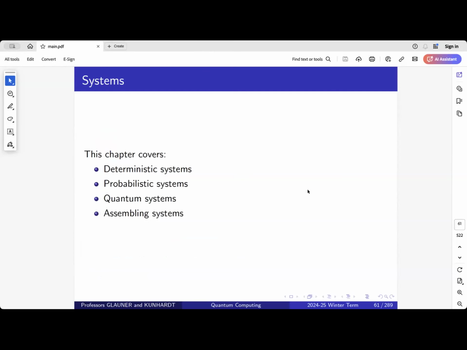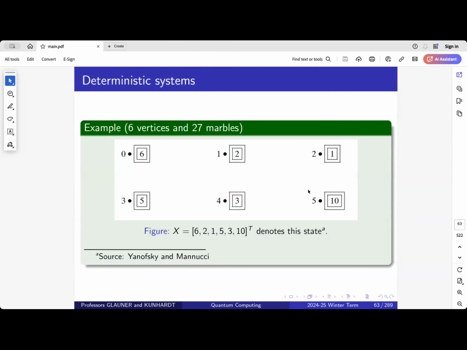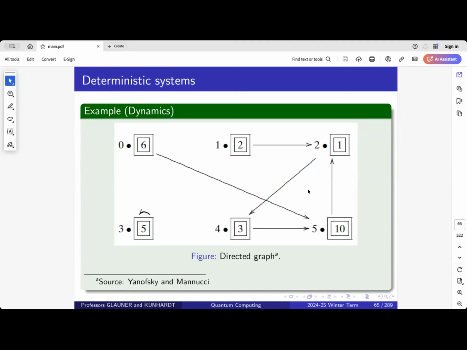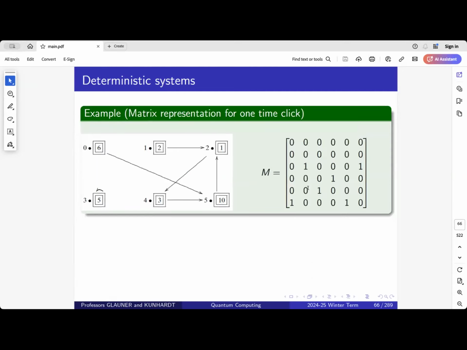What we did is we started with deterministic systems in which we said we can represent our system as a graph, and we have transitions between the nodes or vertices. With a deterministic system, we had a certain number of marbles we could move around.